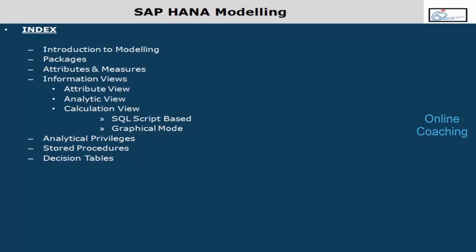And HANA is an in-memory database. It can handle the data on the fly. It can do on-the-fly transformations also. I know performance-wise it is different, but still HANA can handle the performance of doing on-the-fly transformations like this.